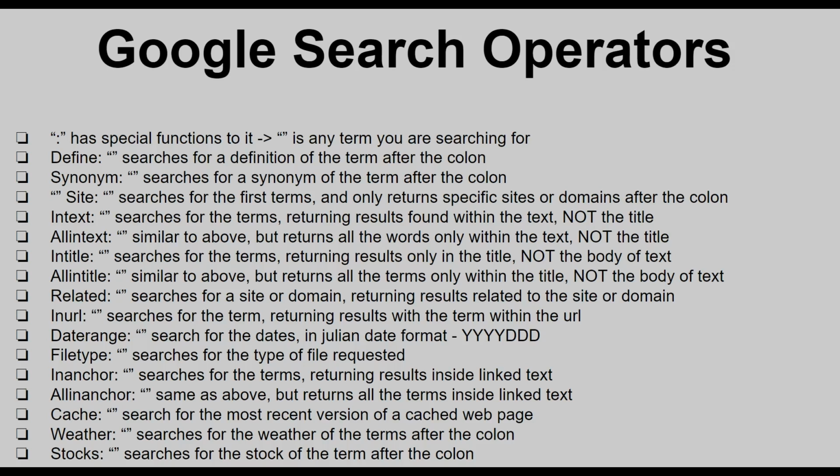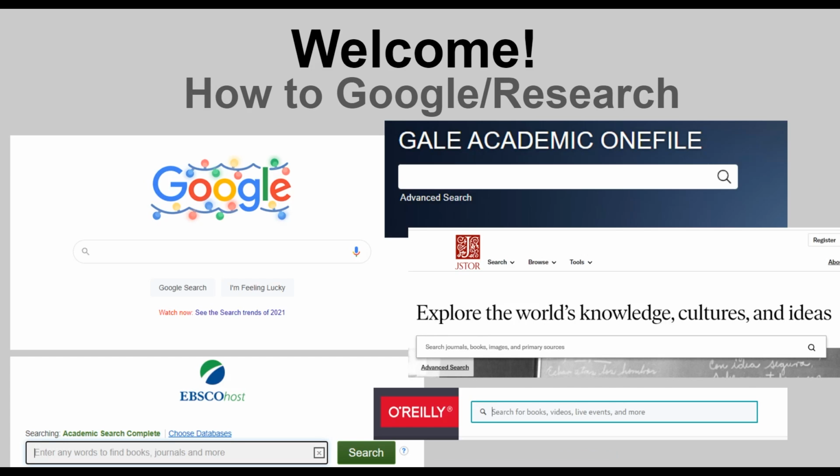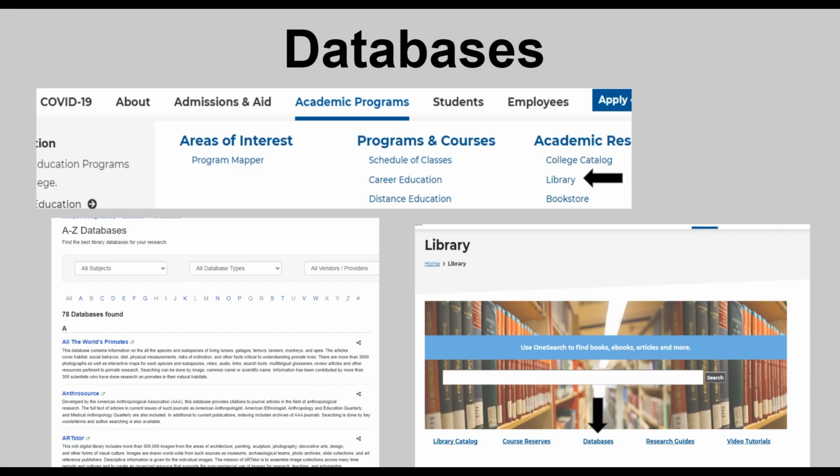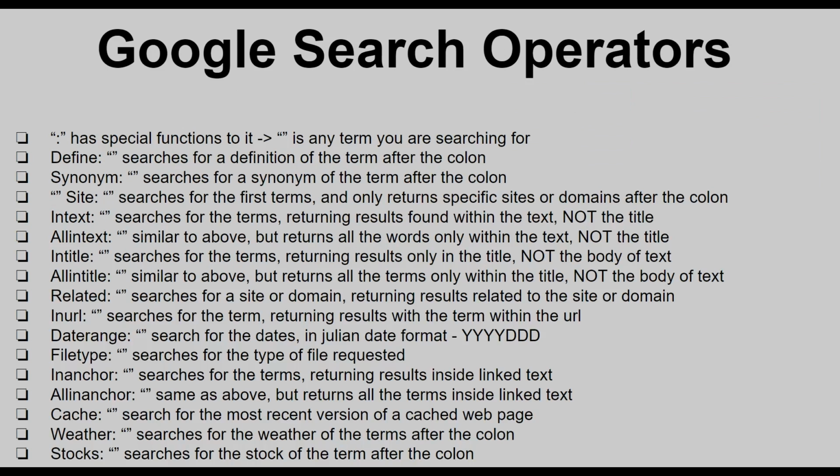You know how when you search something, it has the title with the link, and then a little snippet of text. So intext or allintext will only return results where what you're looking for is in that little snippet, basically not in the title or anything else.